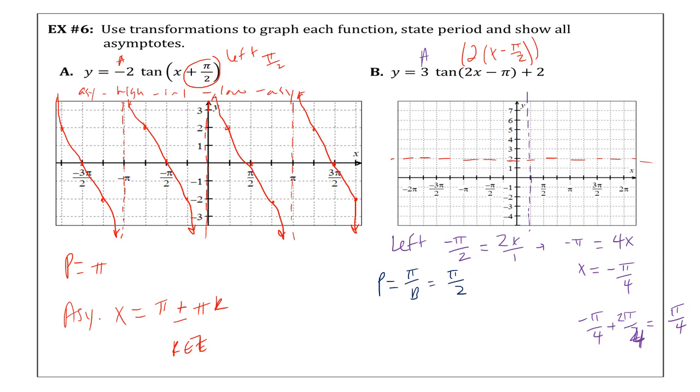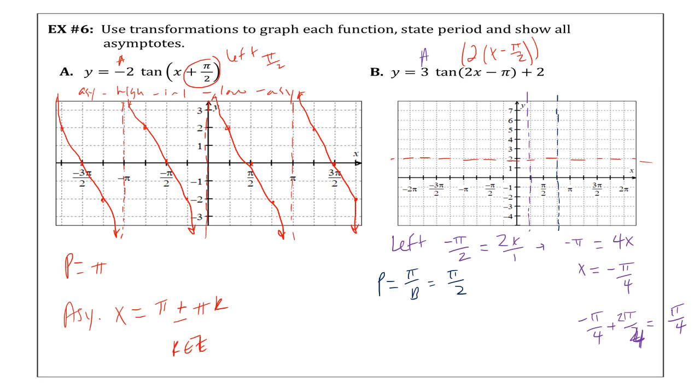If you said 3 pi over 4, you're correct. Think about it as a quarter plus 50 cents gives you 75 cents. So your asymptote is now right here. Okay, so now you can see that your asymptotes are happening every odd quarter.